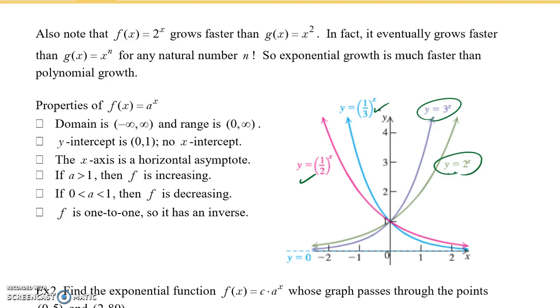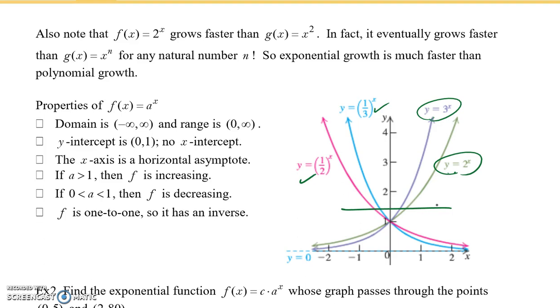Furthermore, for any exponential function, the function is 1 to 1. That means every x gives us a different y value, and the graph will pass the horizontal line test. A horizontal line will intersect the graph at most once. So since any exponential function is 1 to 1, it has an inverse.